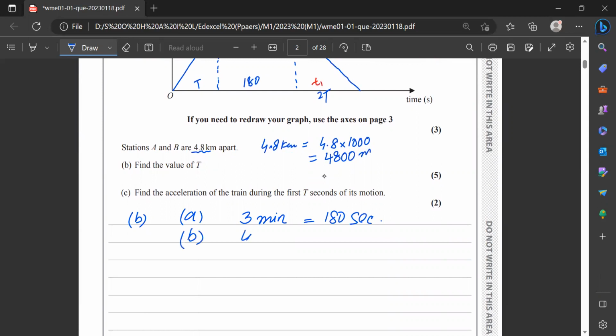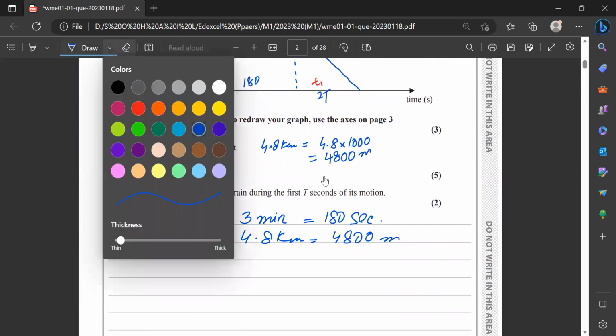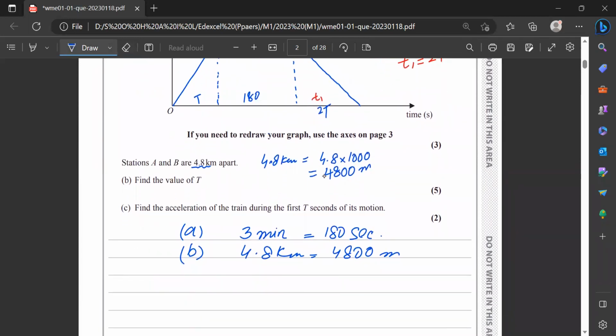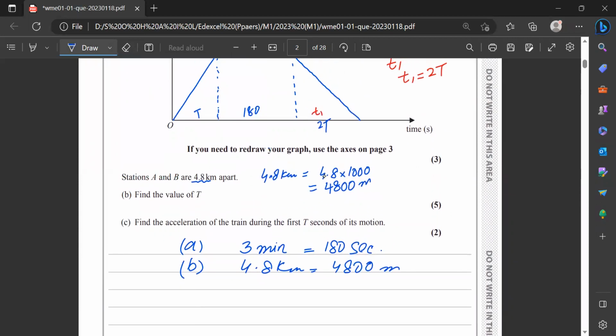For part B, there is 4.8 kilometers, and this is 4800 meters. For this part, I am using the basic information that for the speed time graph, the area is the distance, and the distance is given as 4800 meters.